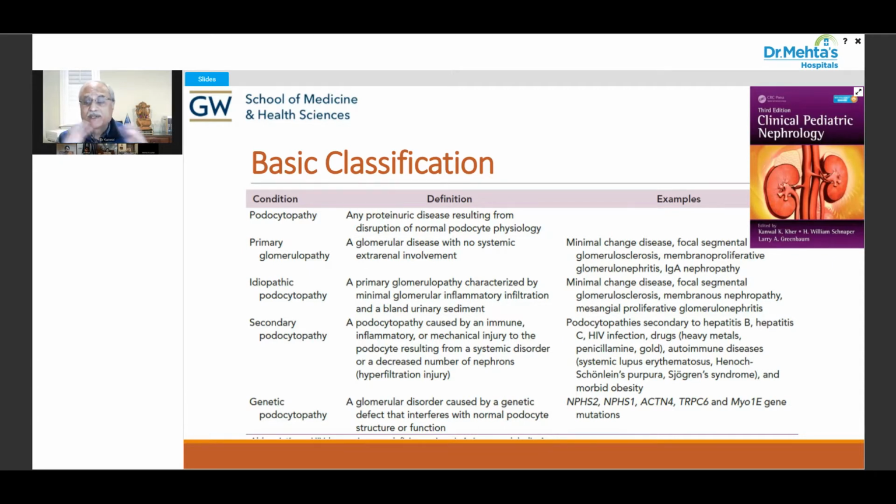This is a basic concept of thinking. I certainly had a problem describing primary glomerulopathies and idiopathic podocytopathies, almost similar sort of diseases. The authors of this chapter persisted, and I said, okay, let's keep it. We will go over this type of classification, how we ought to be classifying, at a later stage.